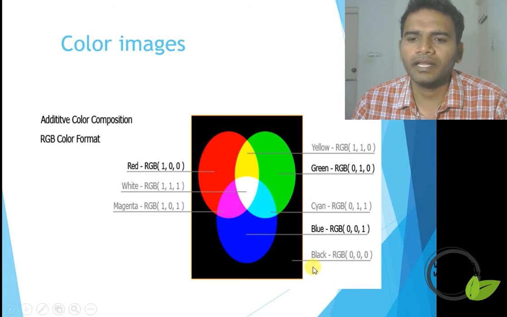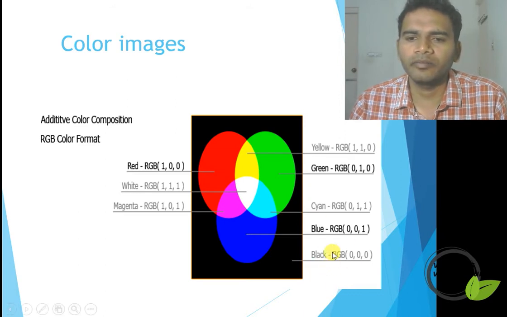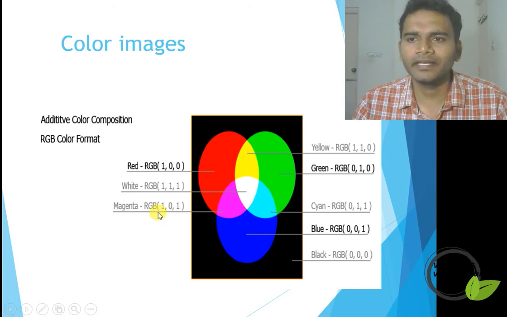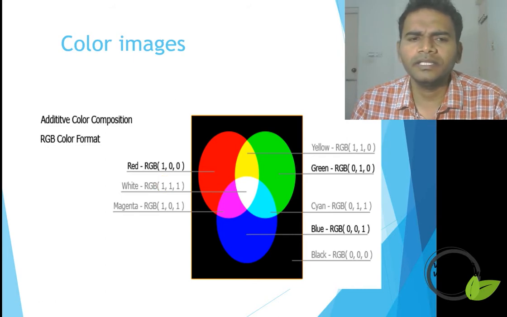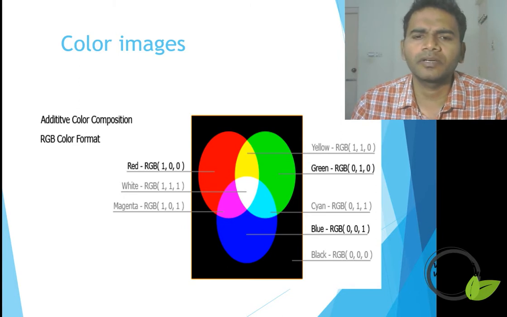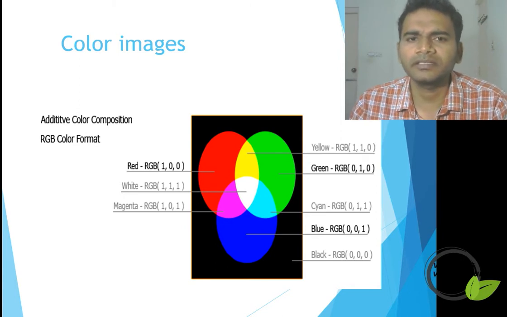Black we can get as a combination of all colors. Magenta we will be getting with red and blue. We can get white with a combination of RGB. How these colors and this RGB format are formed entirely depends upon the sensor.